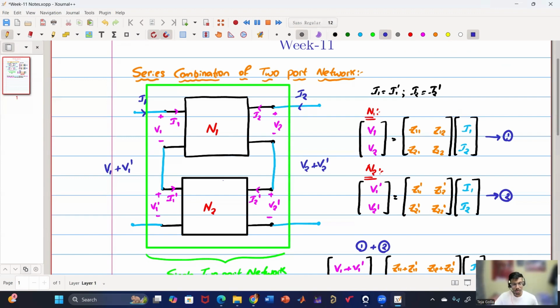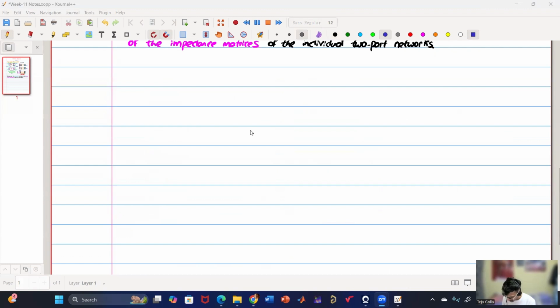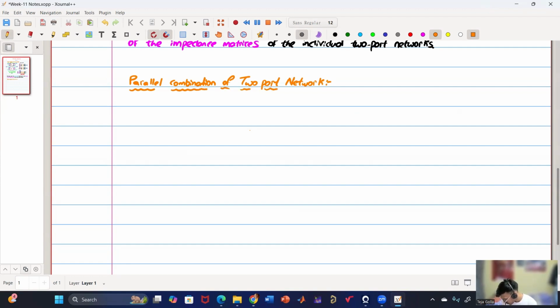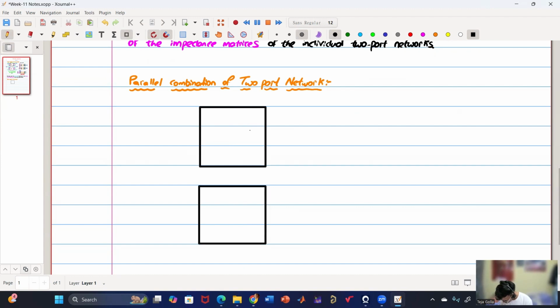Okay, so now we'll go to the parallel combination of two port networks. So now again we have two port networks.